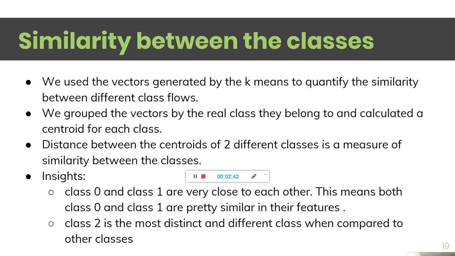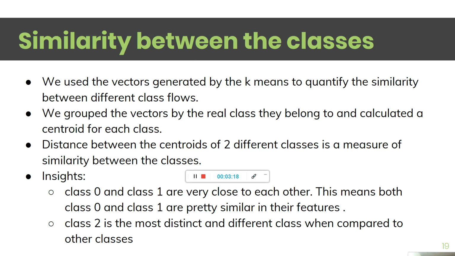For instance, we observed by using the information of the interflow correlation that the flows that belong to class 0 and the flows that belong to class 1 tend to be very close to each other in that 6-dimensional space, which shows that these classes have flows that are similar in their distribution.